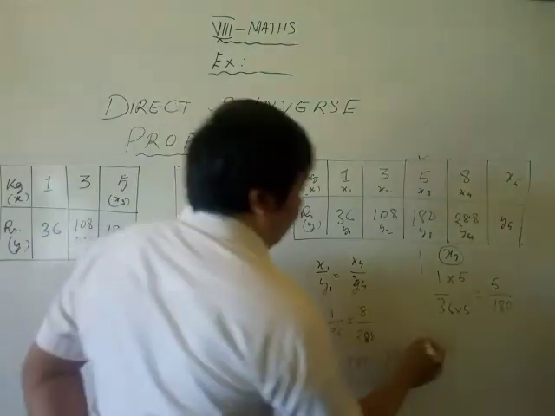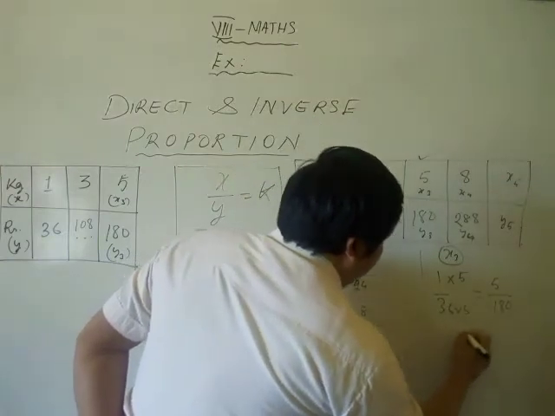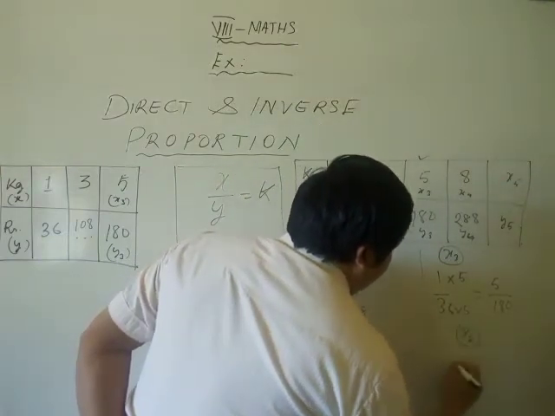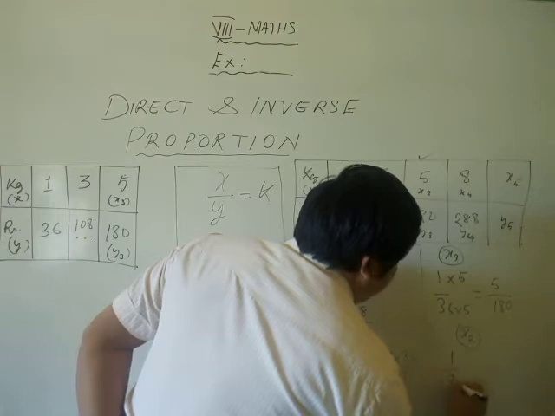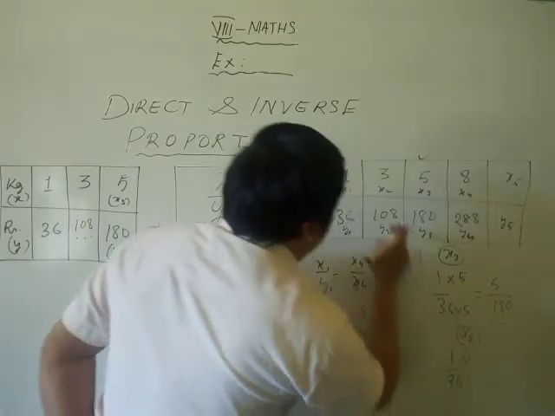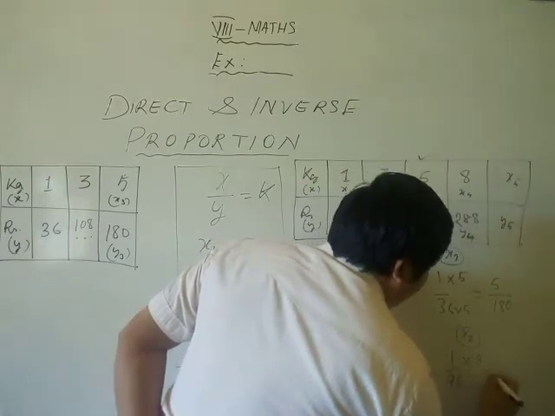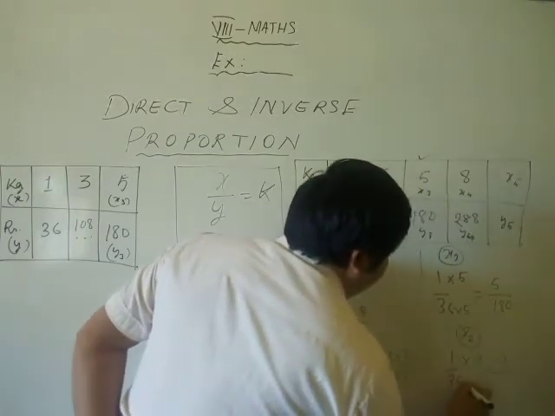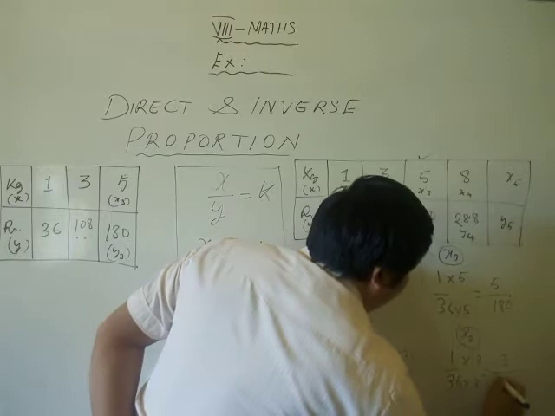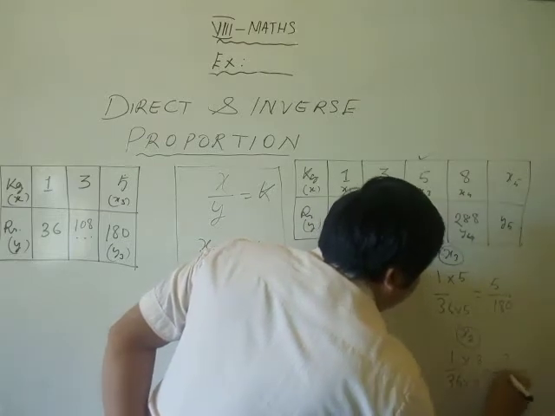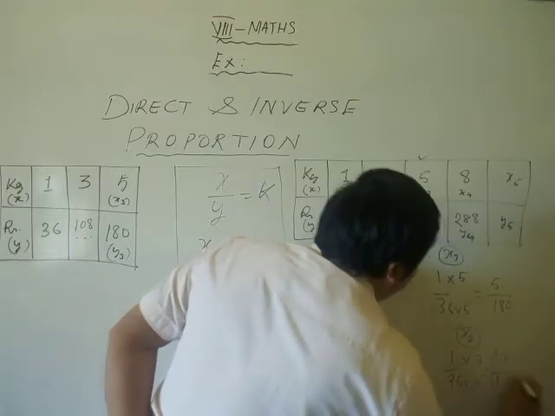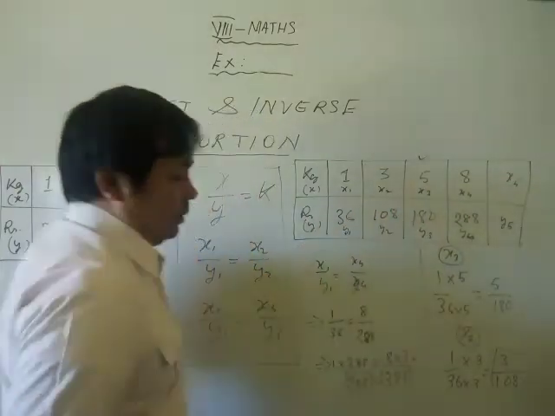Once again, you can see here for x2. In this 1 by 36 ratio, if you multiply x2 by this 3, you will get 3 here. If you multiply with the same 3 in 36, then you will get 108. See, this 3 by 108.